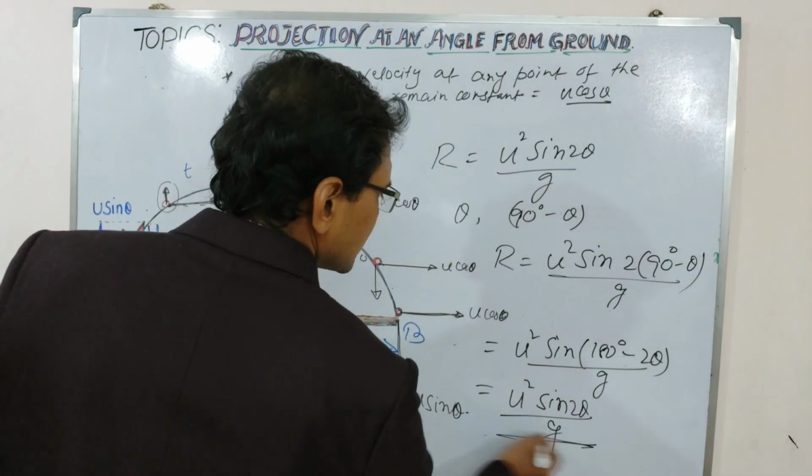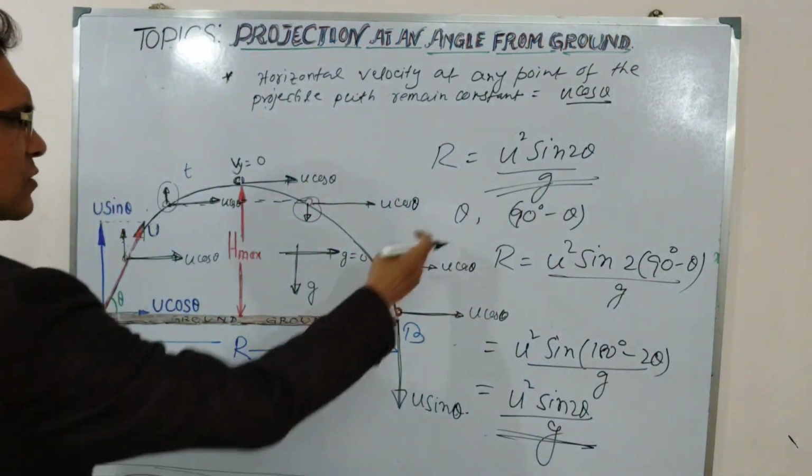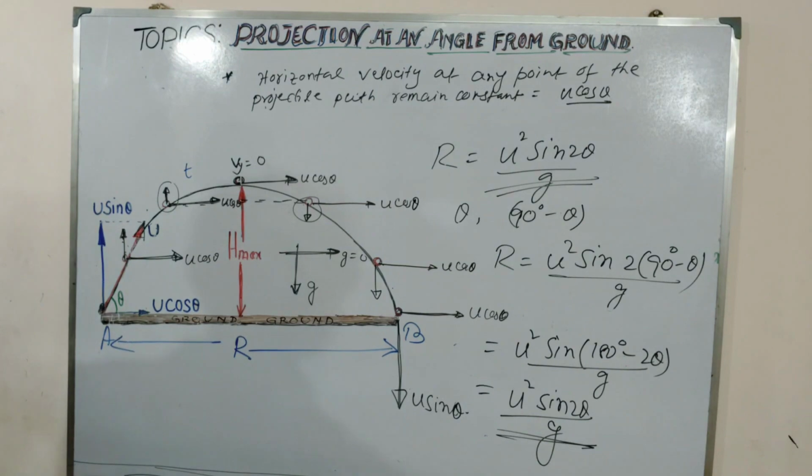So this and this are the same. So for particular two angles theta and 90 minus theta, range will be the same.